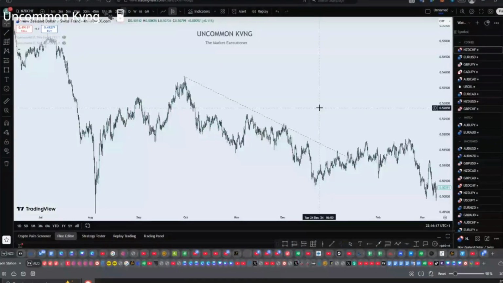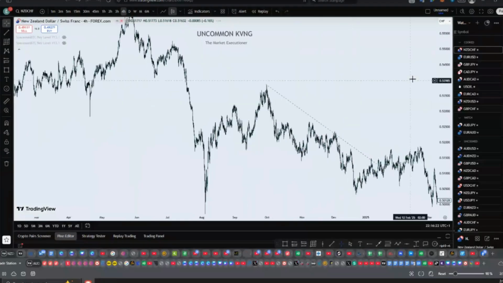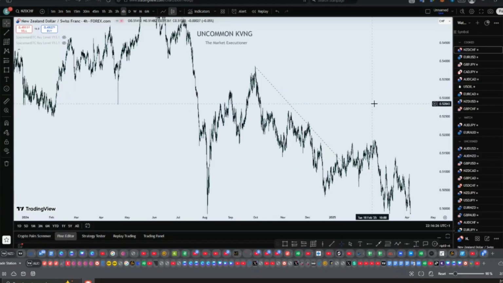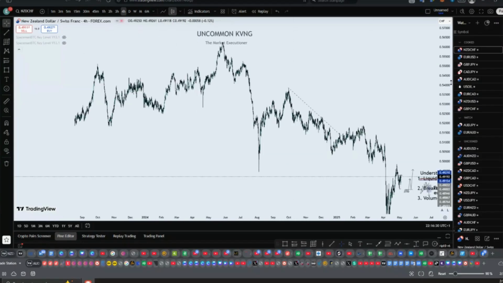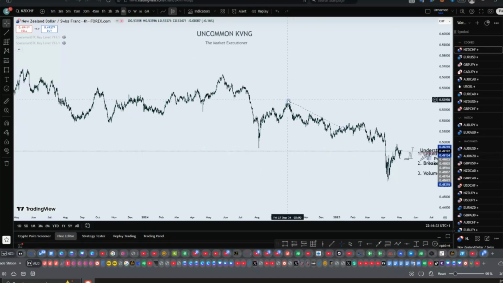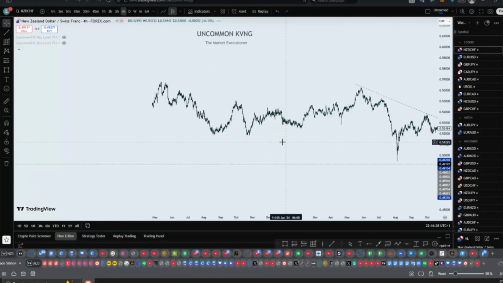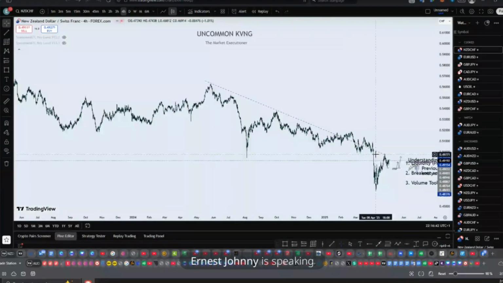So now, before we go into that, the person that asked us about advanced structure: you can see this is a downtrend, right? You agree with me?